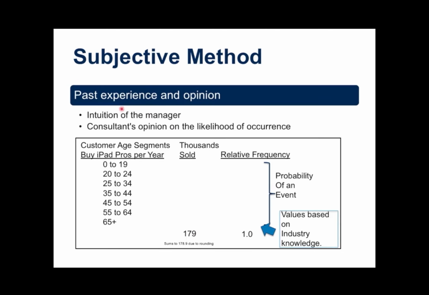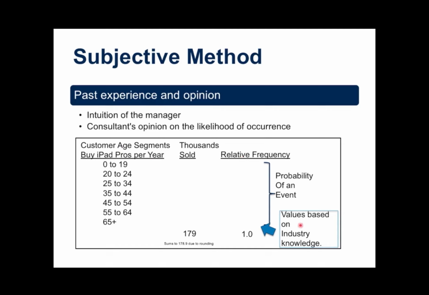So here in this example, we're going to use the subjective method. So I'm going to have some information here that was already known. Perhaps I knew that in the year we sold 179,000 units of iPad Pros. And I might know something about my customer segment, but there's something missing here. I don't have any frequencies here, right? How am I going to get these frequencies?